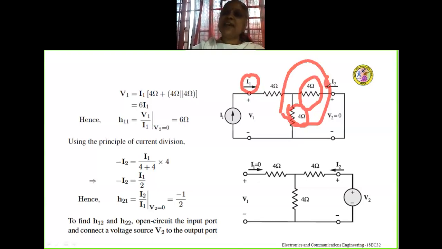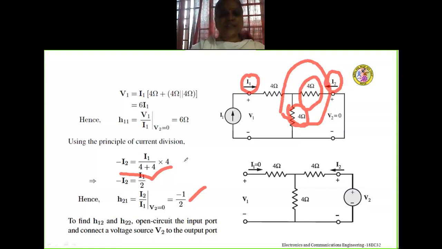And here I have taken minus I2 because it is flowing in the opposite direction. So minus I2 is equal to I1 into 4 divided by 4 plus 4. Therefore, by simplifying this equation, H21 equals I2 divided by I1 when V2 is equal to 0 is minus 1 divided by 2.